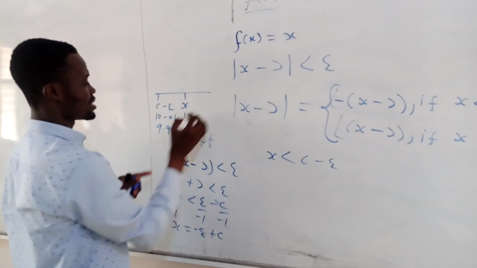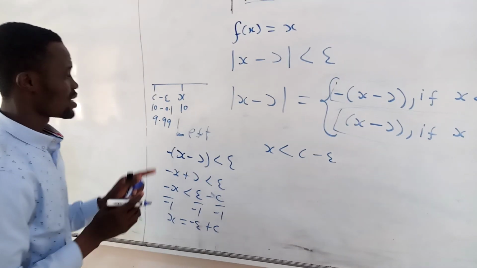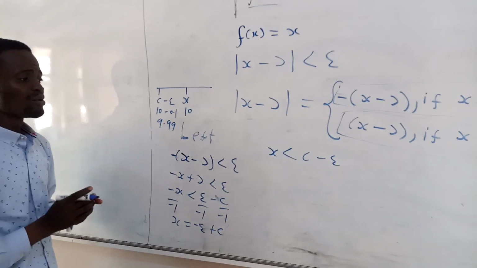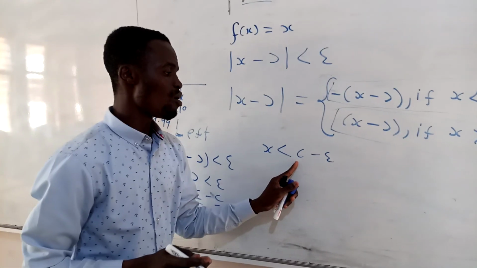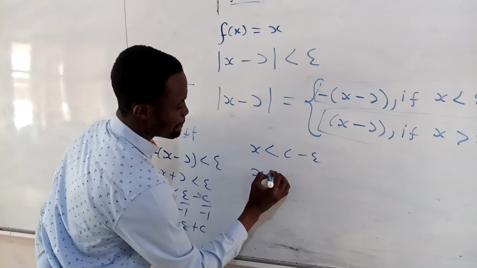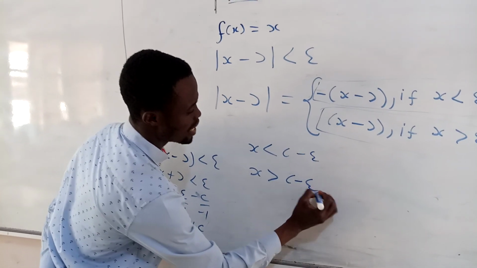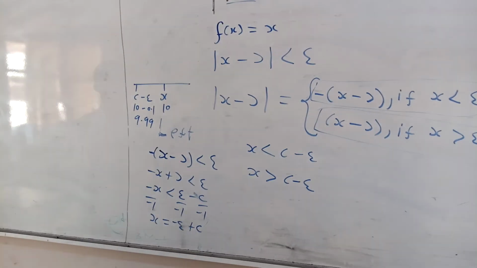And here you could see that x is greater than the limit minus a, because x can never be less than the limit minus a. So here you're going to change the sign, being greater than minus a.